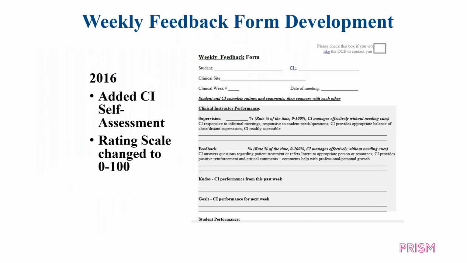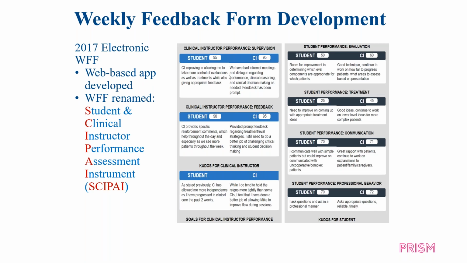So in 2016, we added the CI self-assessment to the tool. And that was also when we changed the rating scale to a 0 to 100 scale. We also went online with a web-based app, and this made for, you can see that visually, a very easy side-by-side comparison of student and CI rating clinical instructor performance, and then student and CI rating student performance.